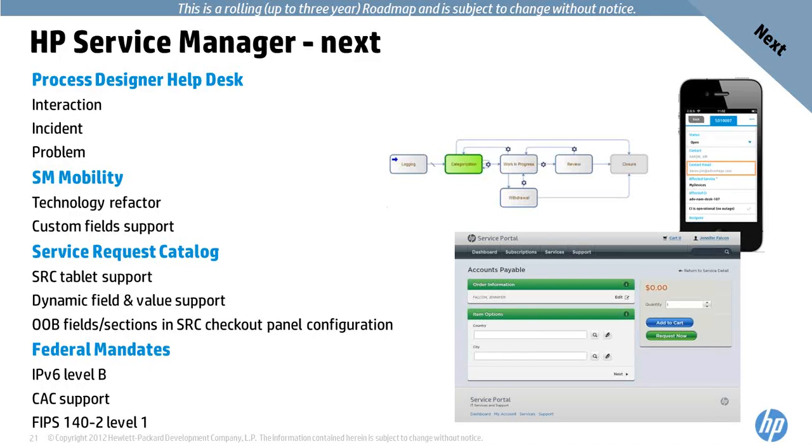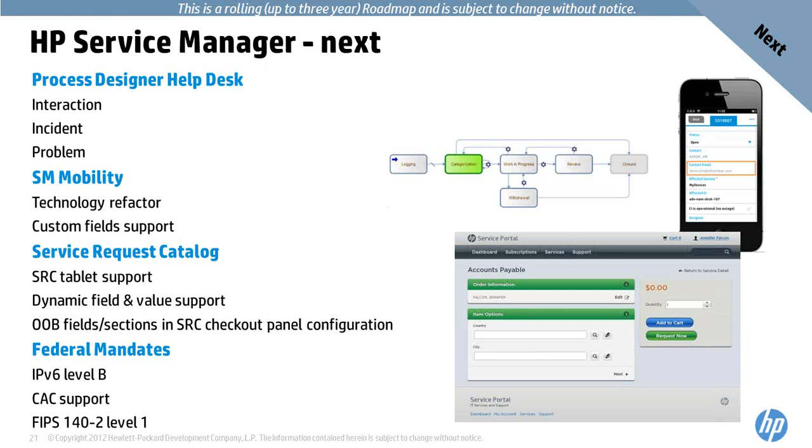The second part I want to do before we go to the more long-term roadmap is talk about what is coming next. And you know the limitations I have, so I can't give you the version number, I can't give you the exact date, but it is relatively soon, and the improvements that we're bringing in that next version are the following. The first thing is that we continue on our journey to move everything to Process Designer, and in that version we'll have the help desk content pack. So the 3 key processes of interaction, or service desk, incident management, and problem management based on Process Designer.